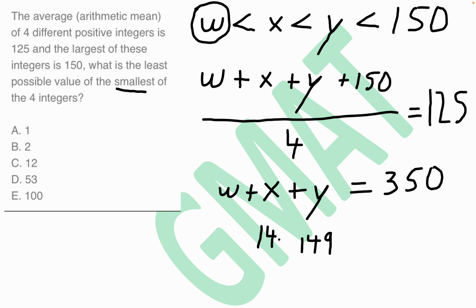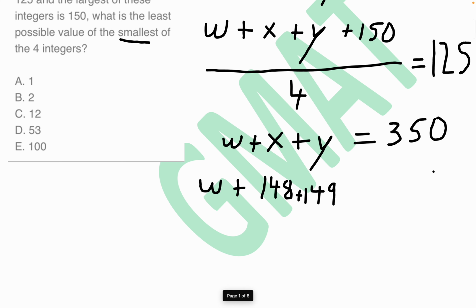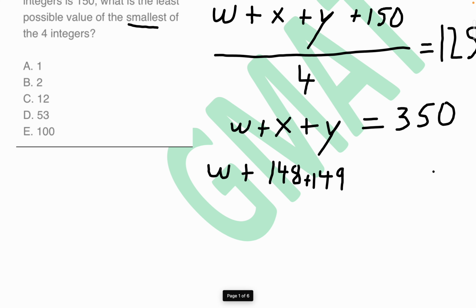And this is just reasoning, folks. There's nothing too heavy going on here. And so we know this. We have it isolated down to W, which is what we're trying to find, plus these two numbers is equal to that number. Now, the arithmetic here results in 148 and 149 add up to 297.